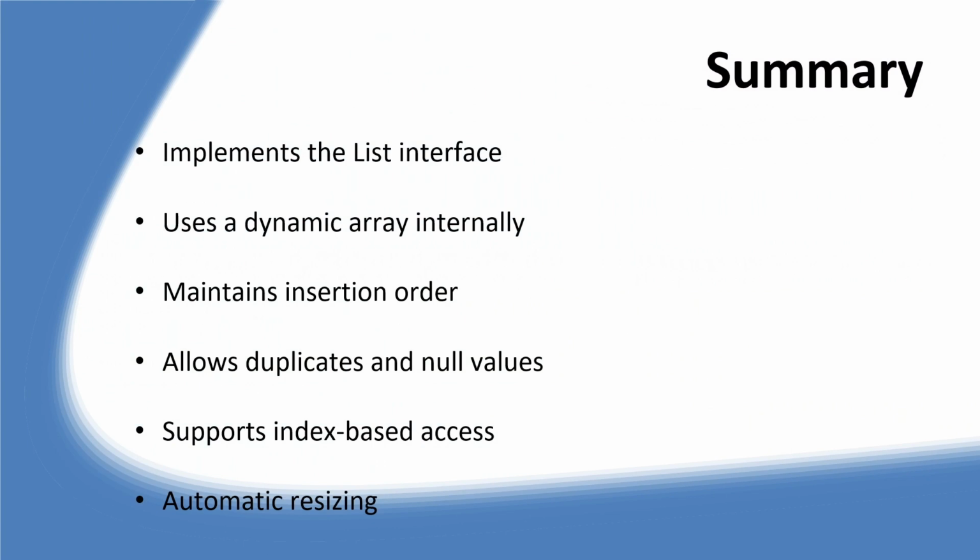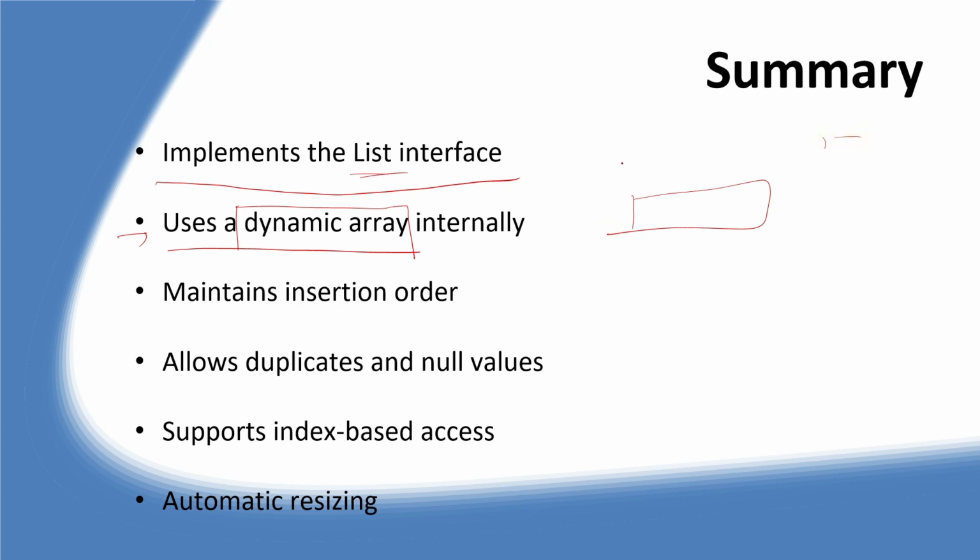Let's quickly summarize what we have learned so far. It implements the List interface. It is a class which is implementing the List interface. It uses a dynamic array. We have seen how a dynamic array works: it creates one larger array and adds elements for increasing size, and for decreasing size, it creates one smaller array, adds fewer elements, and the remaining elements get removed.